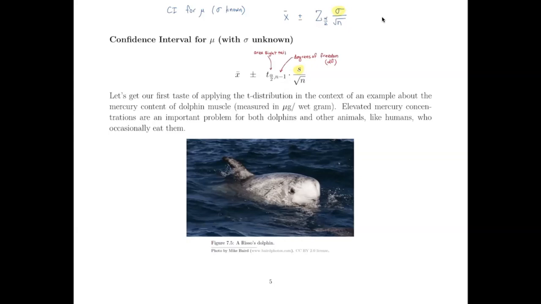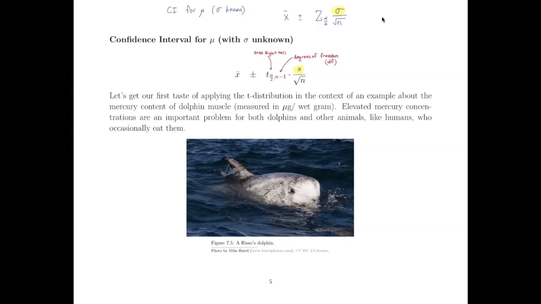where we're looking at mercury content in dolphins. There are these Risso's dolphins. I think they're pretty common in Japan. Or maybe, sorry, I don't want to say they're common, but they're found in Japan. Elevated mercury levels in fish is a concern, one for the dolphins themselves, but occasionally other animals, including humans, occasionally eat them.